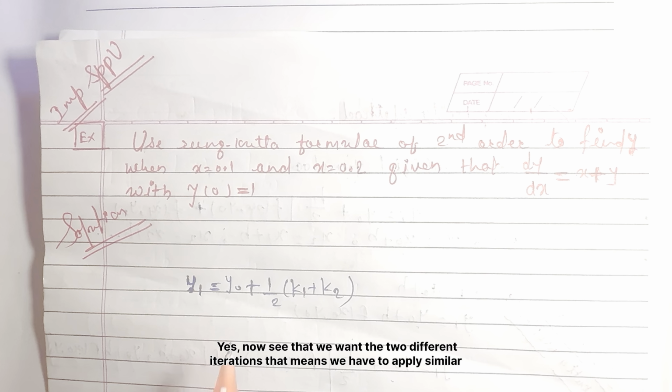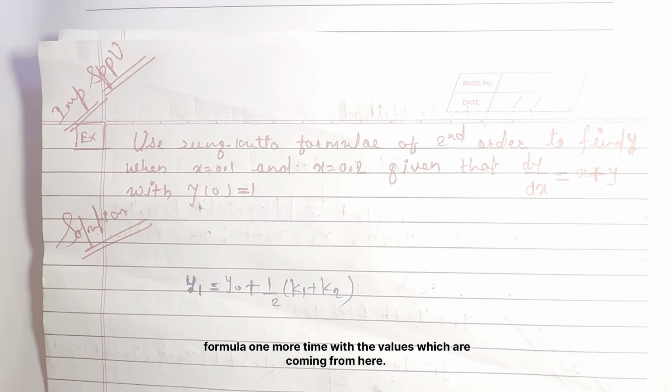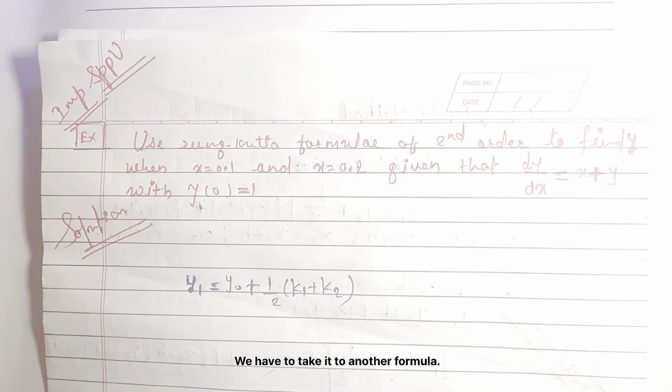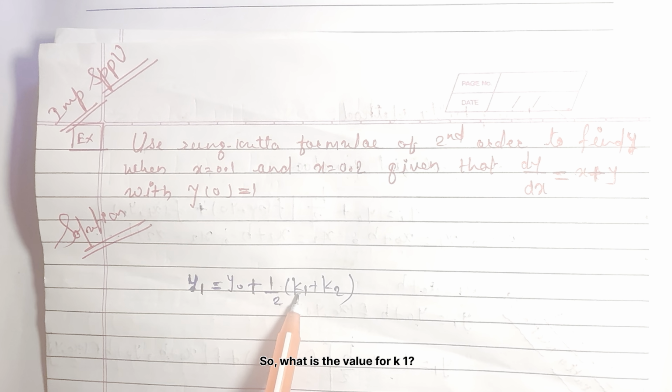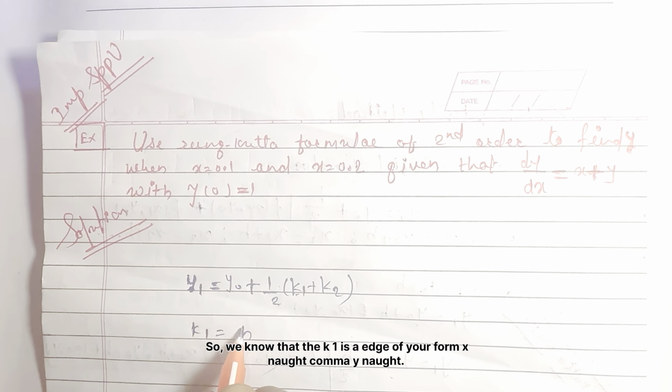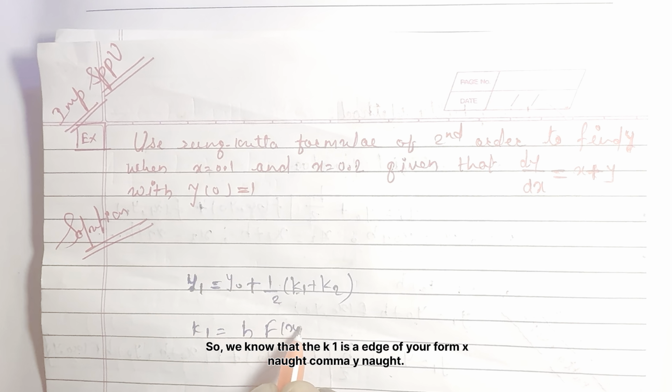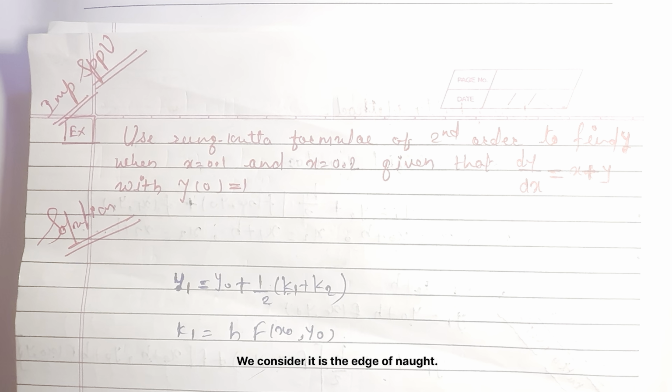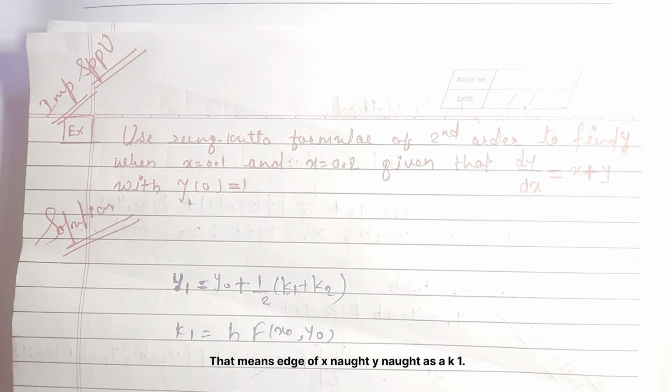Now see that we want two different iterations. That means we have to apply a similar formula one more time with the values coming from here. So what is the value for k1? We know that k1 is h f(x naught, y naught).